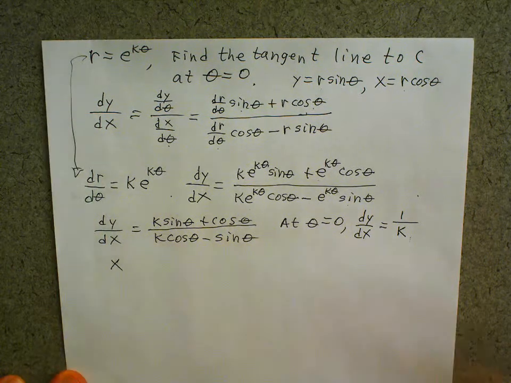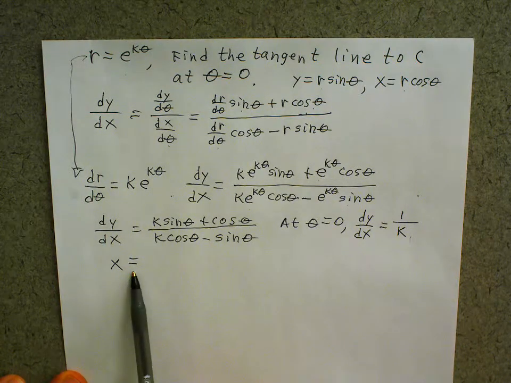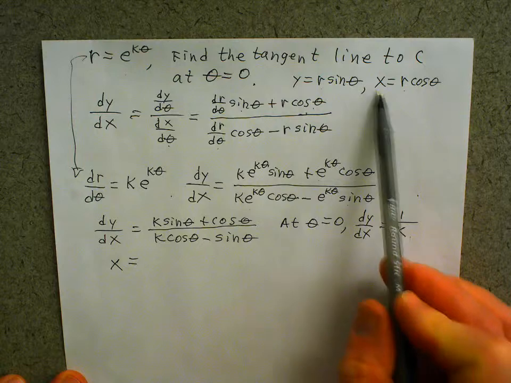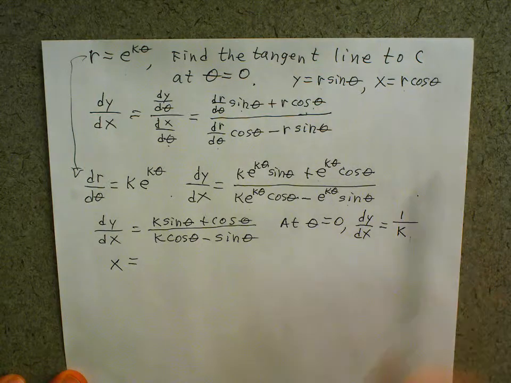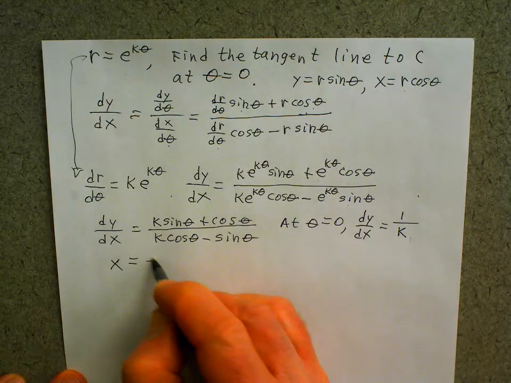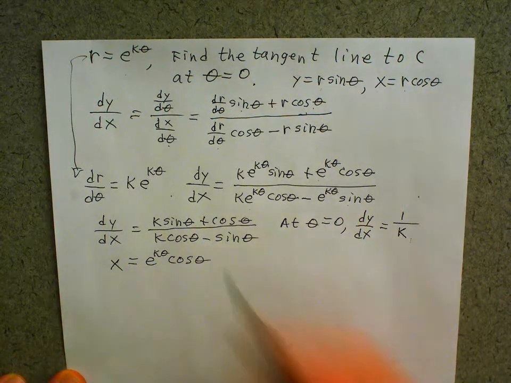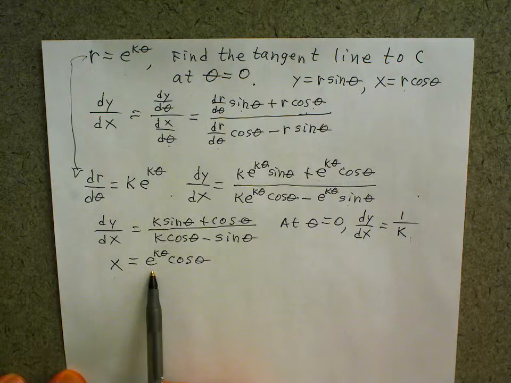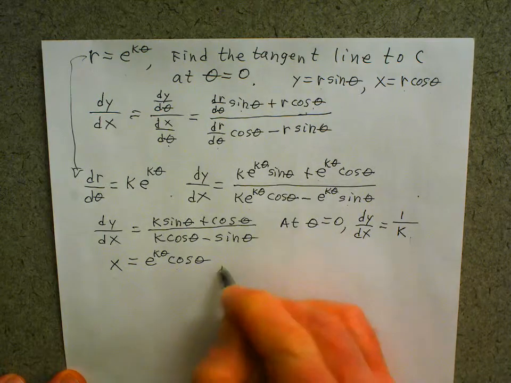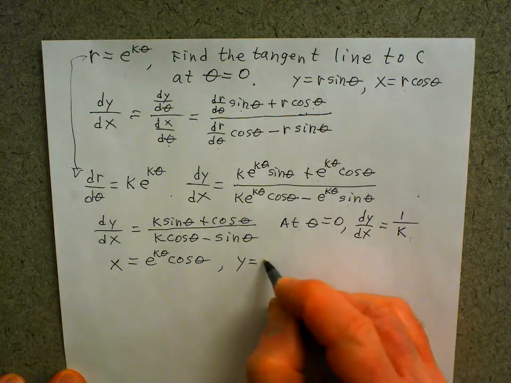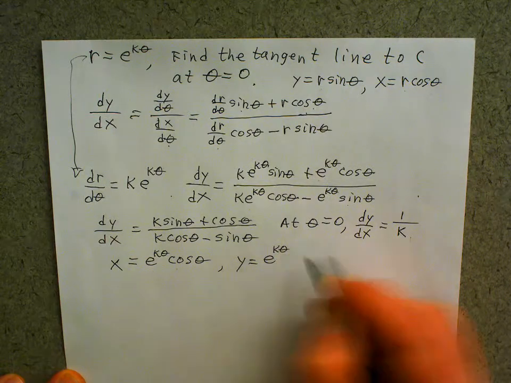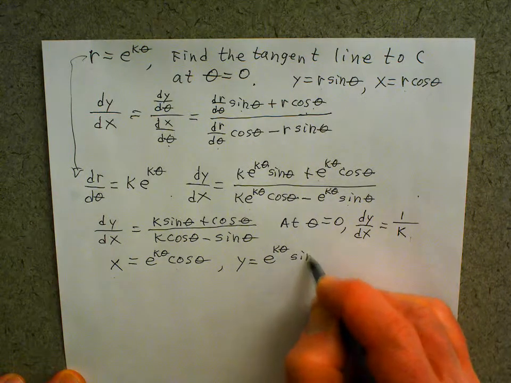And then we have to find the point that the tangent line passes through when theta is 0. So in general, x is r times cosine of theta, but r is e to the k theta. So in this case, x is e to the k theta times cosine of theta, and y is e to the k theta times sine of theta.